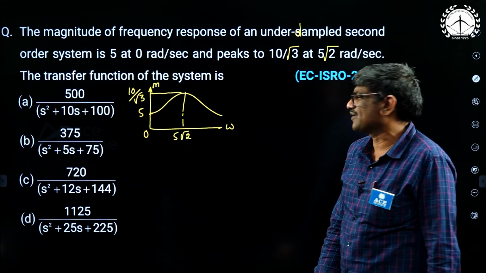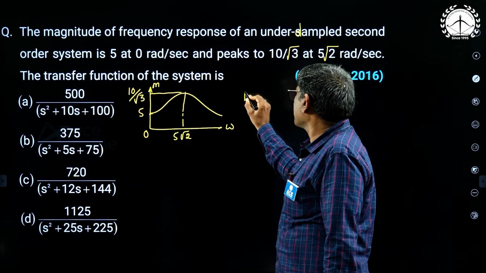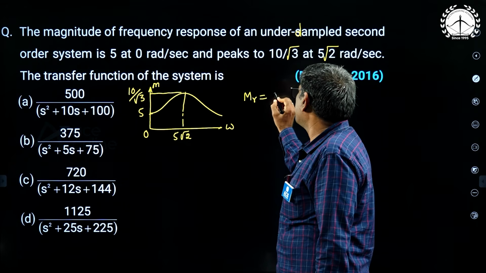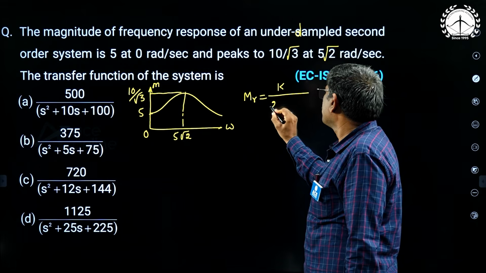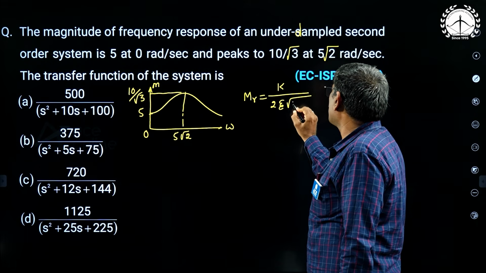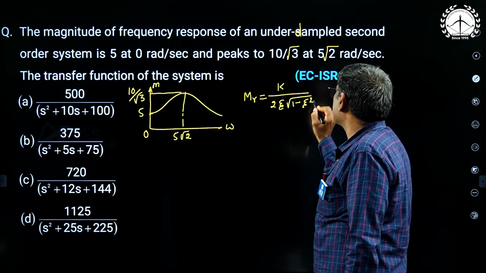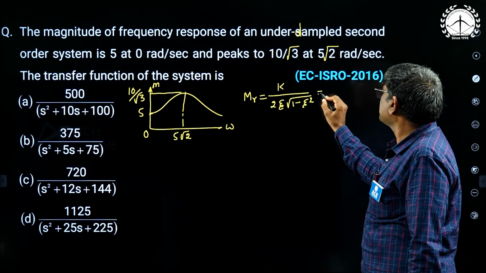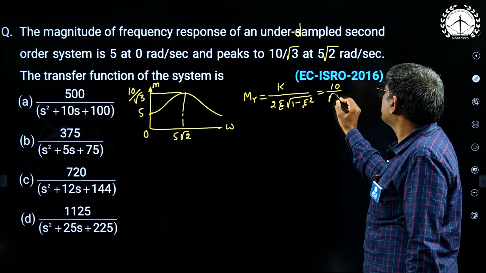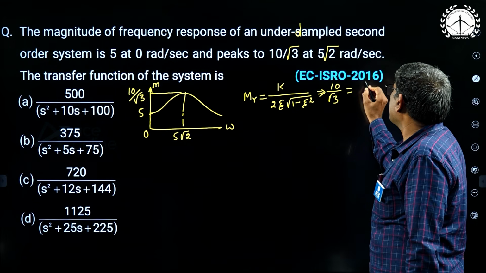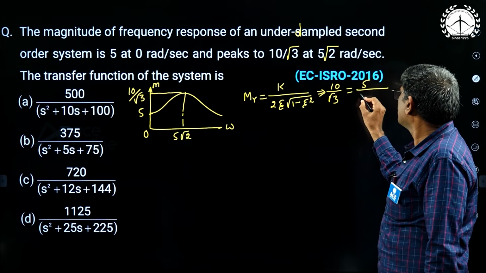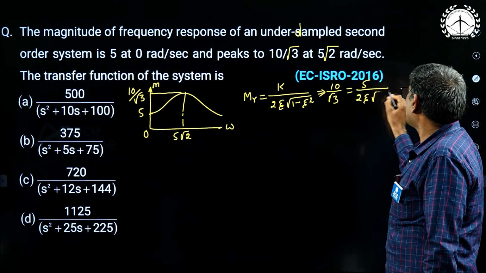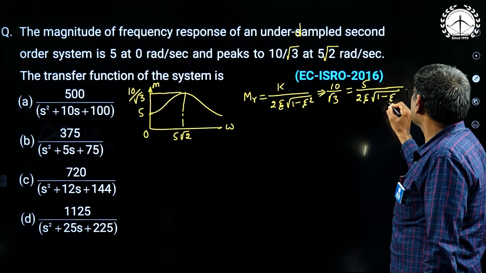They are asking for the transfer function. So first we can use MR. MR equal to K, where K is the magnitude at omega 0, divided by 2 zeta root of 1 minus zeta square. So MR is 10 by root 3 equal to 5, the magnitude at omega 0, divided by 2 zeta root of 1 minus zeta square.